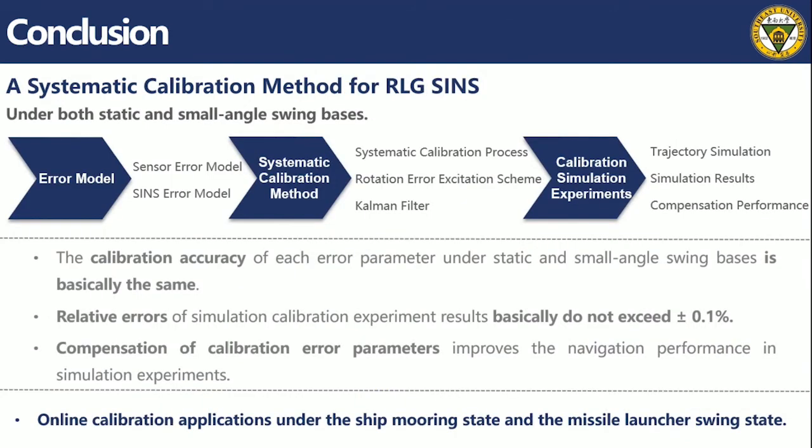Last part of my speech is a conclusion. Firstly, the error model, including sensor error model and scenes error model, is established. Next, the systematic calibration method under both static and small angle swing basis is designed. In this section, systematic calibration process is described at first to give a whole view of systematic calibration method.